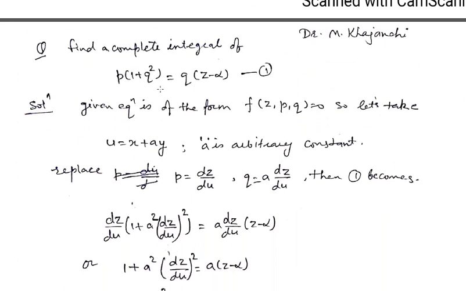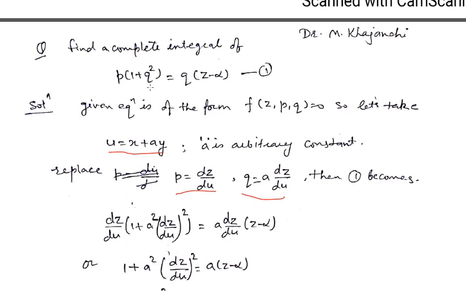p(1 + q²) = q(z − α). Again in this equation x and y are absent, so we choose u = x + ay. So p becomes dz/du and q becomes a dz/du.